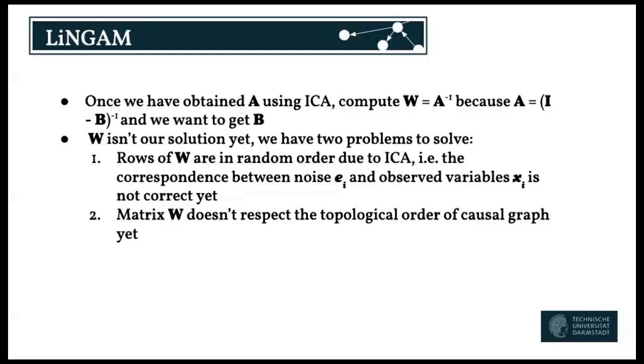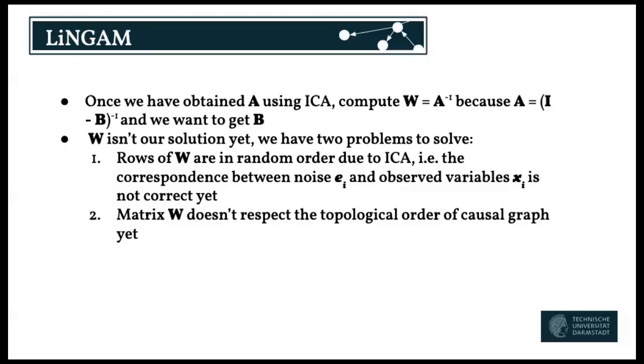ICA gives us a random order with respect to the noise terms. So it doesn't really care about the correspondence of the noise terms and how we mix them up, so to say. So we have to permute the rows of the matrix still.